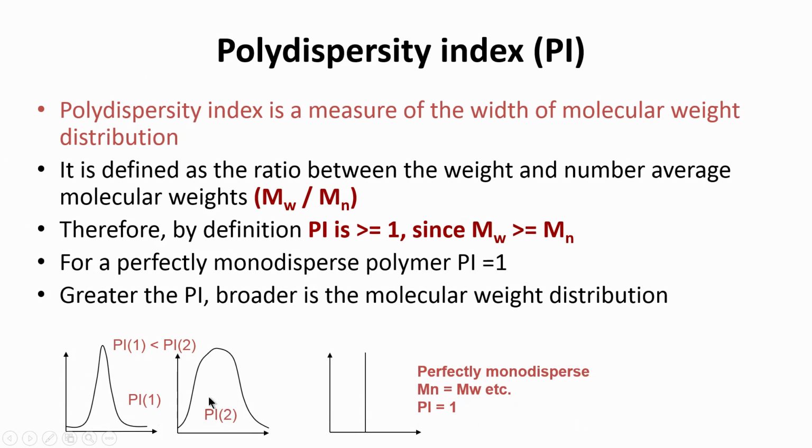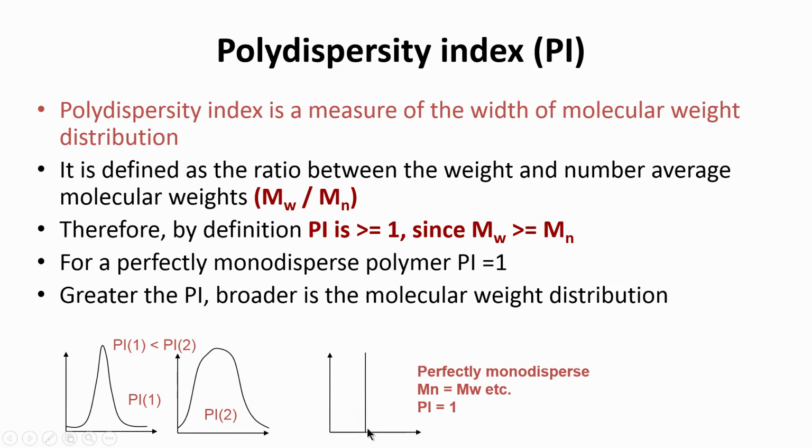However, in the other case we see quite a broad distribution. So we can say that obviously the polydispersity for the second is much greater than the polydispersity for the first, and if it is absolutely perfect, we get a polydispersity of 1, which is a straight line in terms of the curves.